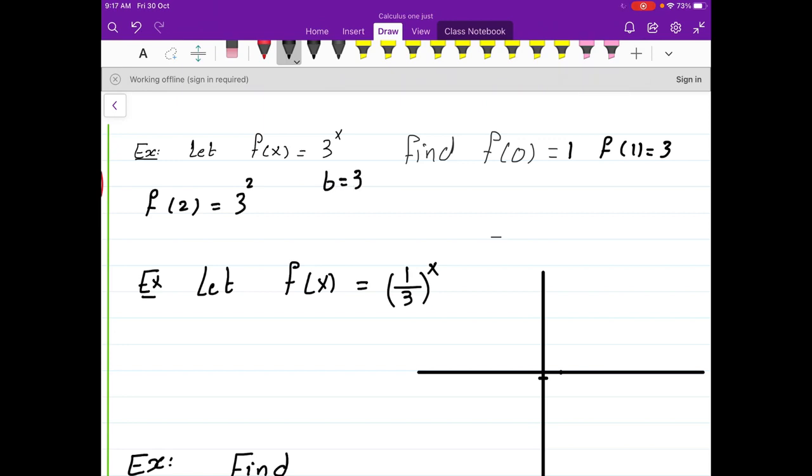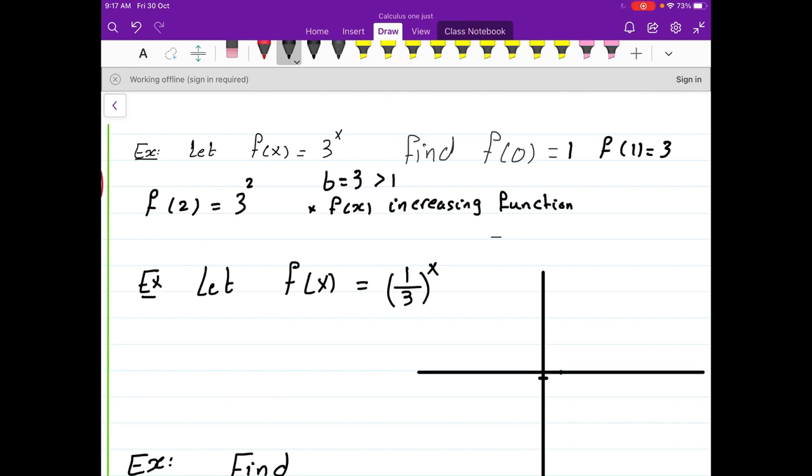Now this function is increasing. When x increases, the image increases. So b equals 3, which is greater than 1, and obviously in this function f of x is an increasing function. That means when the value of x increases, the image increases.